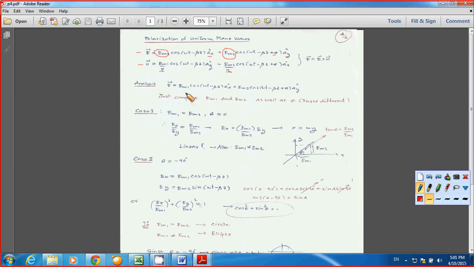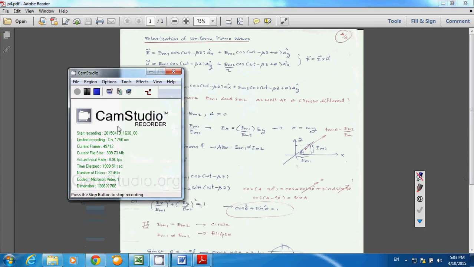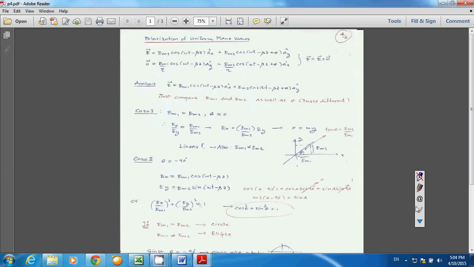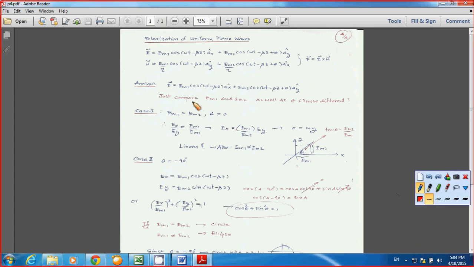Well, take a look at this one. So for the electric field, let's have our x component and y component. What you need to do is just compare the amplitudes EM1 and EM2, and also the phase. Take a look at case 1. If you have the phase, this is important, theta equal to 0, so you can pick up this one here.